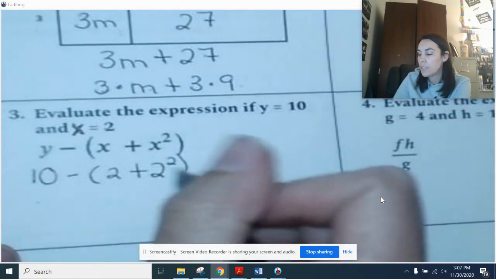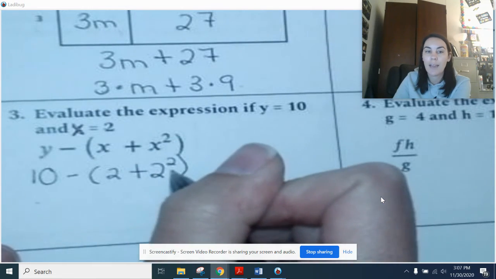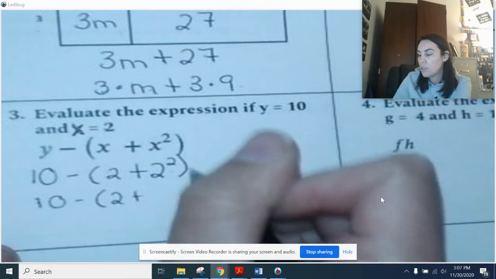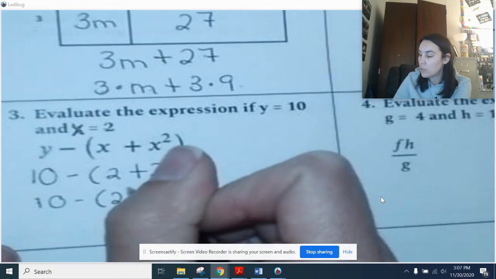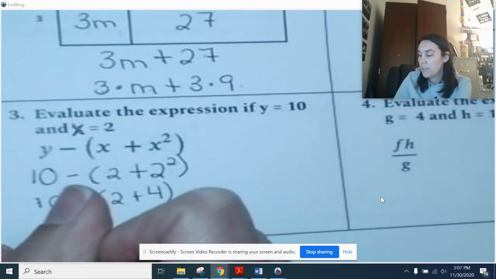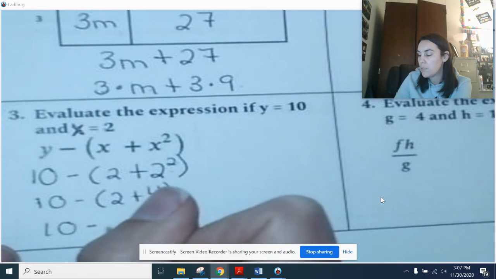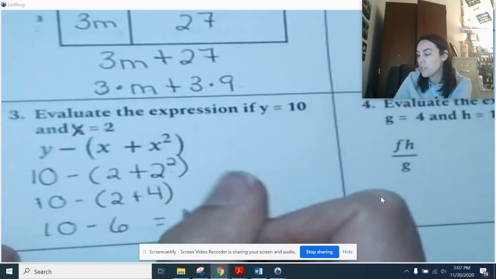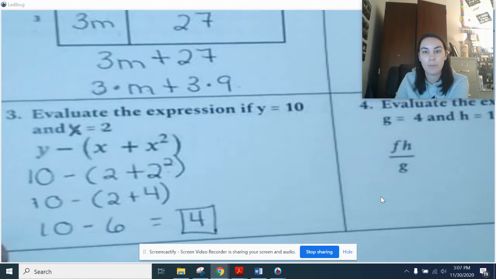Okay, so first thing we do is in parentheses, we need to do our exponents because we're still having to work that order of operations. 2 to the power of 2 is 2 times 2, which is 4. 10 minus 2 plus 4 is 6. 10 minus 6 is 4. So your final answer should be 4 on that one.